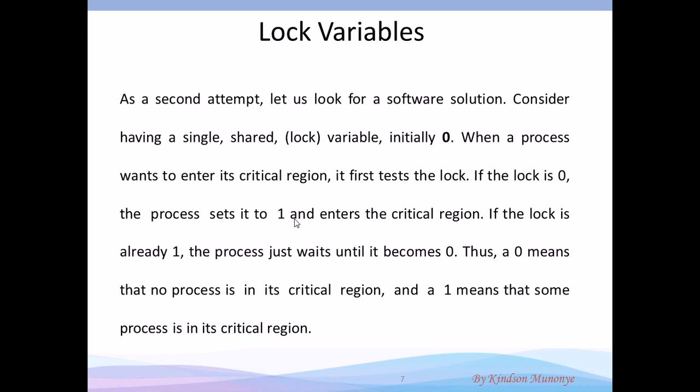Once the process using the shared resource finishes, it comes out and resets the lock variable to 0. Another process checks. If it's 0, it means the critical section is free. So this is about a lock variable, a variable that can be set to 0 or 1, on or off, locked or unlocked, to show the critical section is in use or is free.